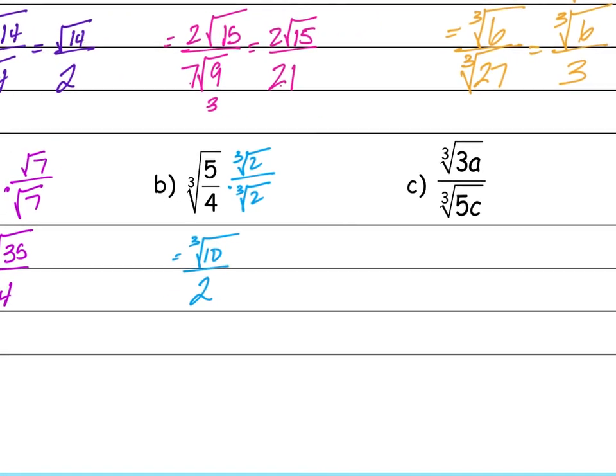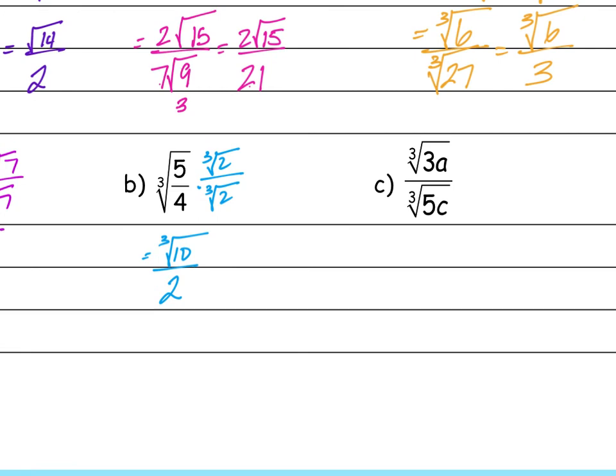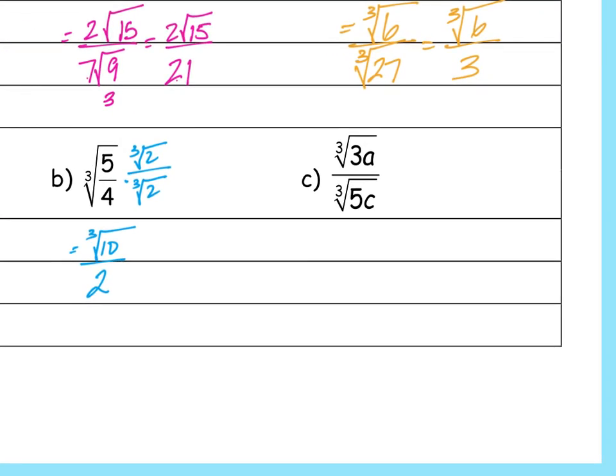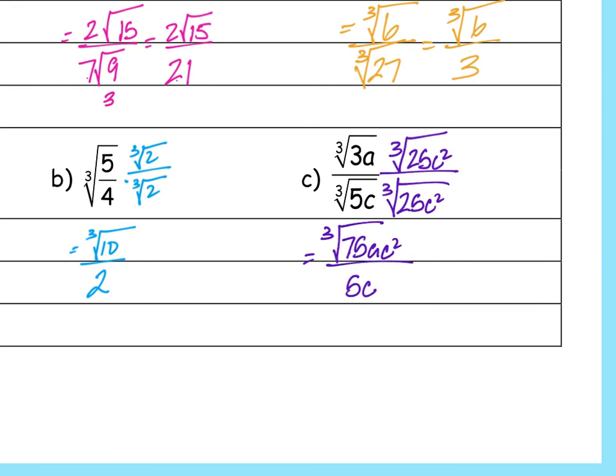And then on the last one, I'm going to multiply by the cubed root of 25c squared. So that's going to give me the cubed root of 75ac squared all over 5c. Questions? Is that okay?